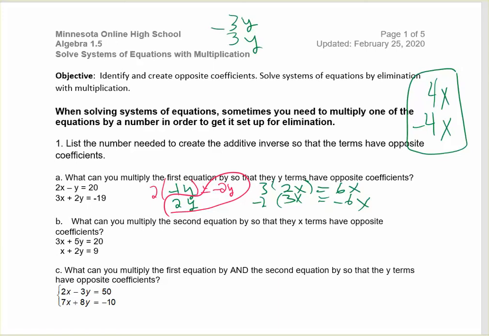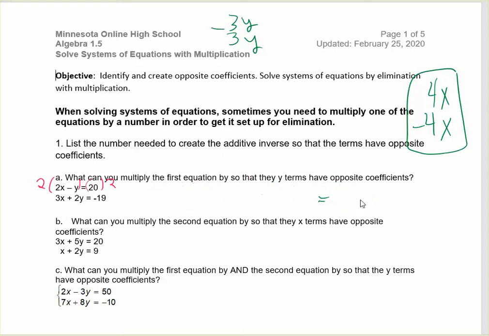So it's easier to multiply the top equation by 2, and we don't have to multiply the bottom equation by anything, and that will result in having opposite coefficients. So to answer question A, you would say I can multiply the first equation by 2 so that the y terms have opposite coefficients.